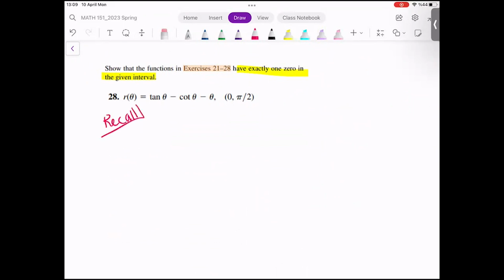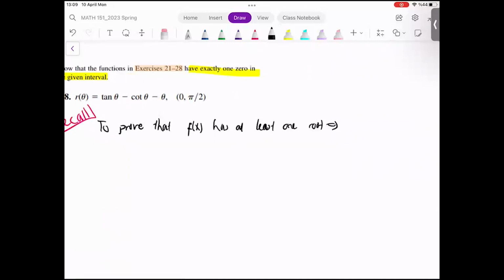Do you remember that we covered the intermediate value theorem in one of the previous weeks to prove a function has at least one root? Okay, to prove that f of x, a given function, has at least one root, we used this in the previous week.